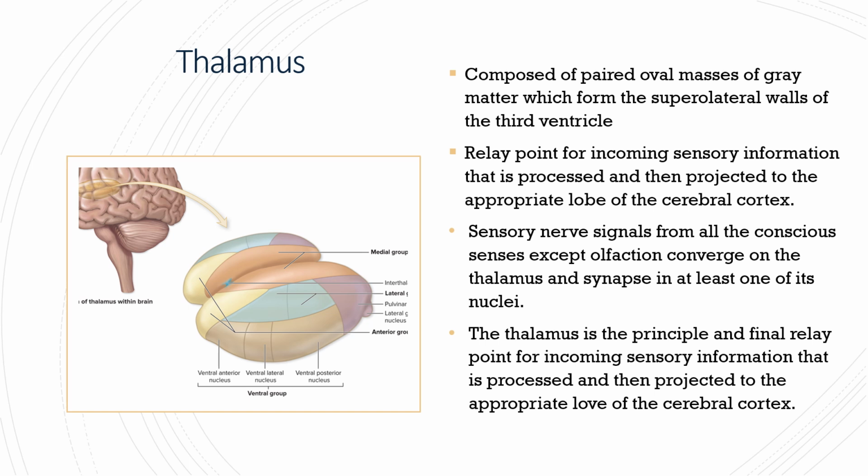Only a small portion of sensory information is forwarded to the cerebrum. It receives sensory nerve signals from all conscious senses except olfaction, synapses in at least one of the nuclei, and is the principal final relay point for incoming sensory information before projection to the cerebral cortex.